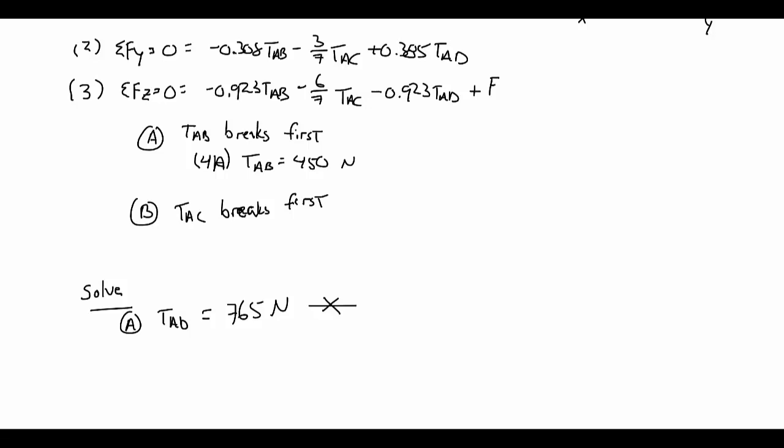But likely, TAD, the C condition, is actually the one that's going to be realistic. All right, so I'll just put an X here because that's not what happens. All right, so if TAC is the one that breaks first, I have a new 4th equation because 4a is not valid in this scenario, because in this scenario I say that AC is the one that's just going to be on the verge of failing first.